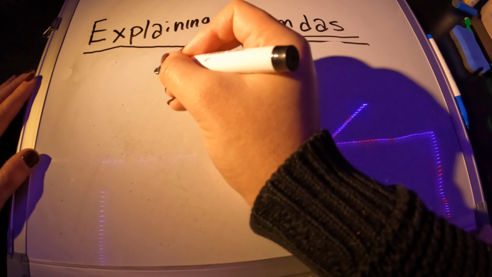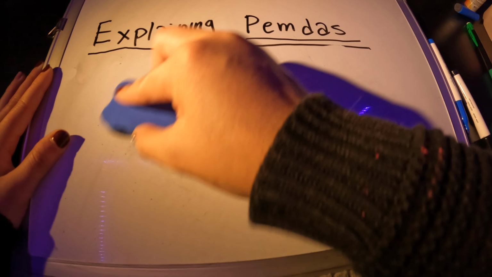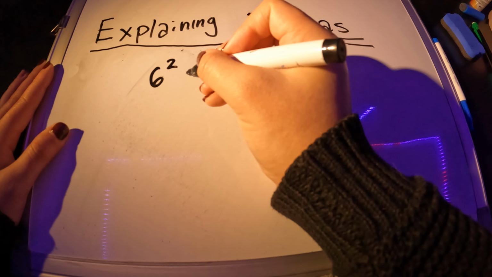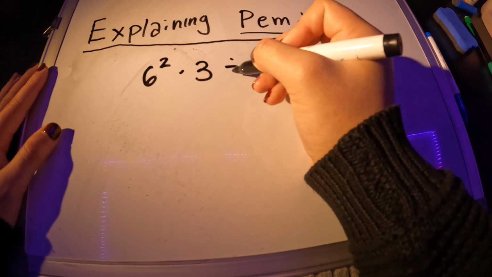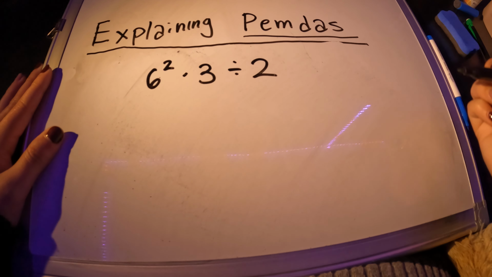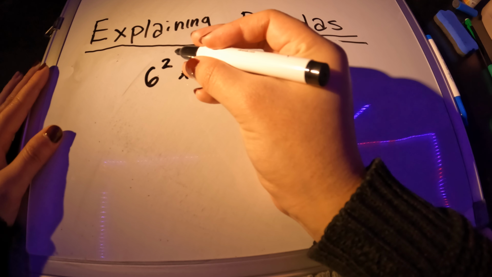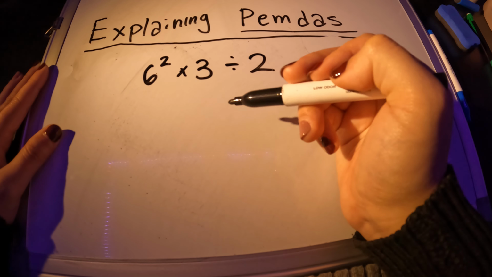So if you had, no, I'm not going to use parentheses this time. If you had 6 squared times 3 divided by 2, you would work left to right.